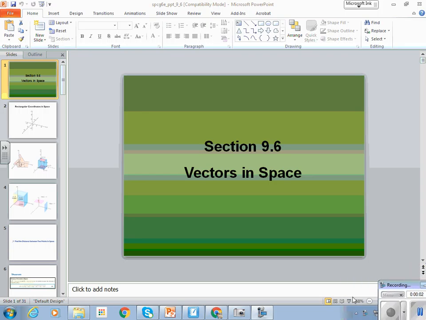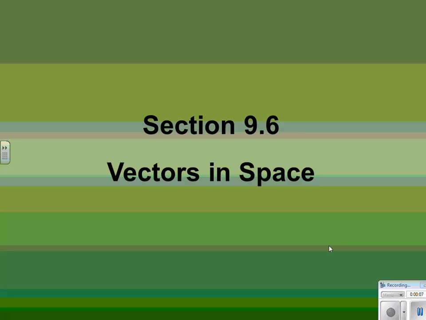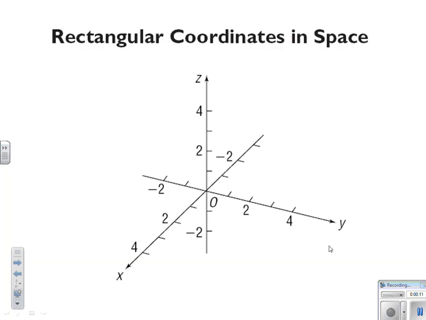All right, so for today we're doing Chapter 9, Section 6, Vectors in Space. So we're adding our third dimension.